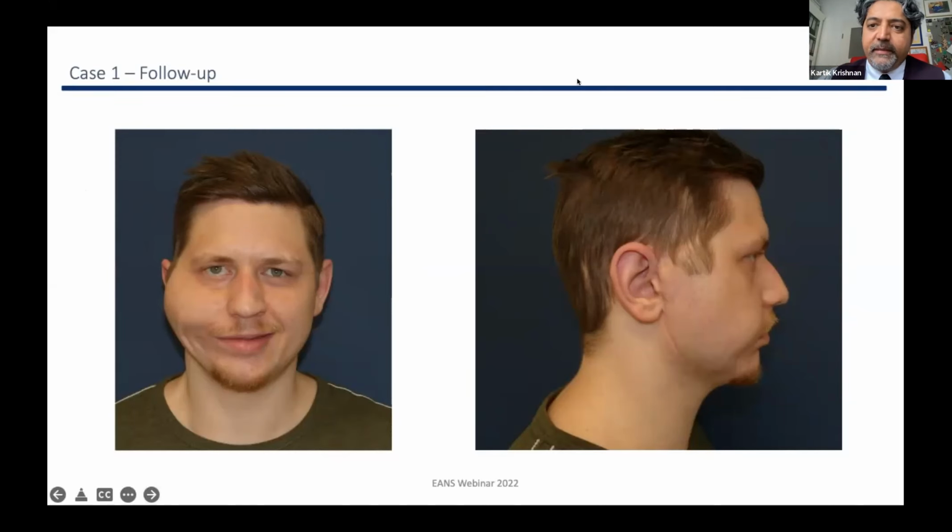Yes, if I may comment on the bulk of the muscle, I also had this problem in my early experience. So I tried to split the gracilis to adapt to the face of the patient, and also the second thing is you should remember that the face itself does not have lymph nodes; it has only lymph vessels.